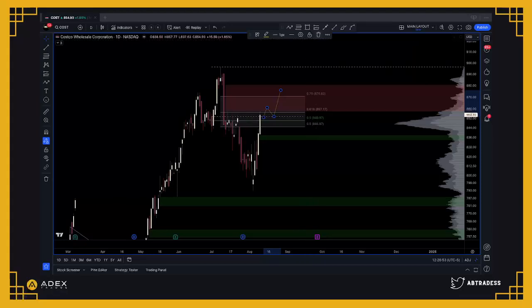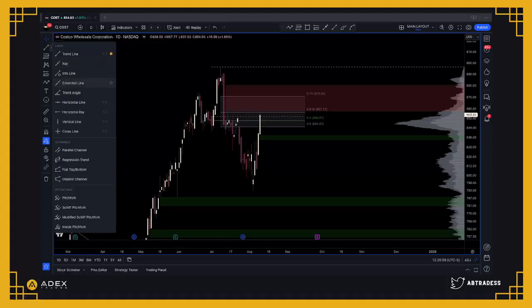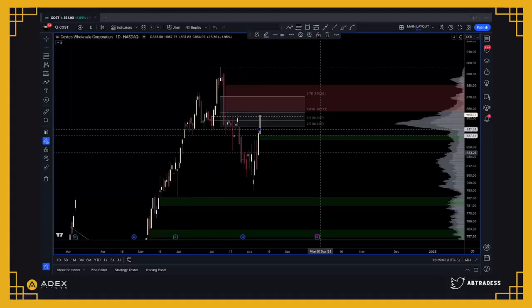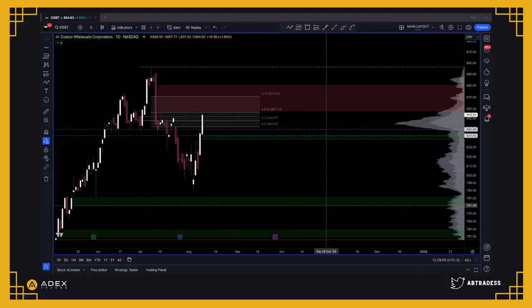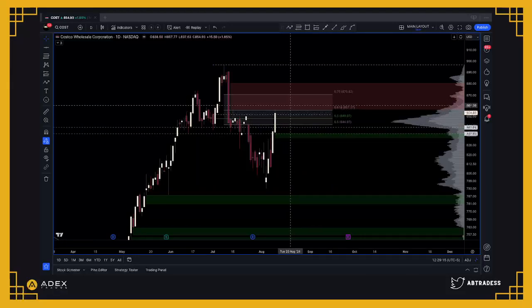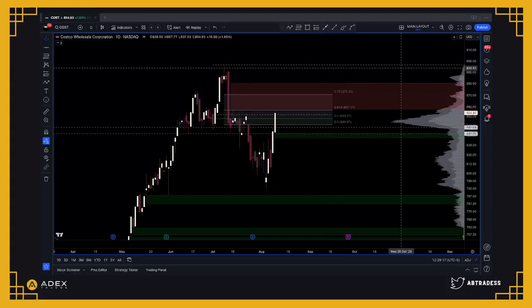Or if we get early weakness, we just want to make sure price does not fall back below like this 830. So I would make sure we all mark this out. This area here where we had a lot of good support. So if it does, I would definitely take a stab at price somewhere between 840s, high 830s if we get early weakness for potentially higher and target that outside month.